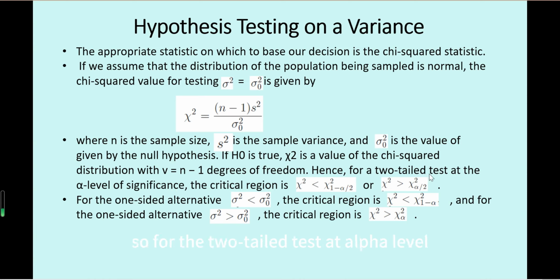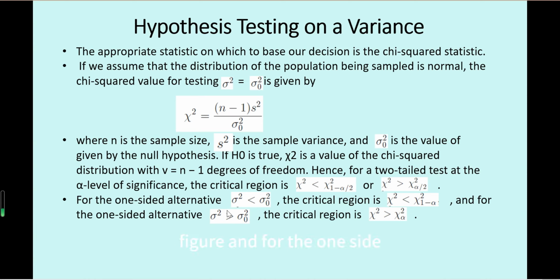For the two-tailed test at alpha level of significance, we look at whether this statistic is less than the critical value at 1 minus alpha divided by 2, or larger than the critical value of the chi-square distribution at half alpha. We will show this in a later figure.